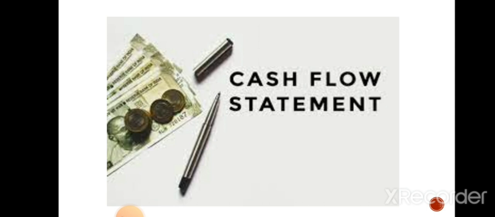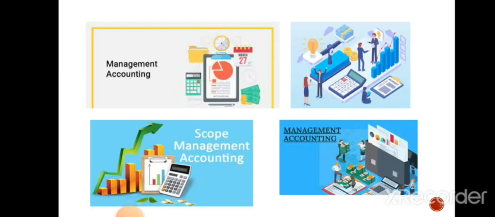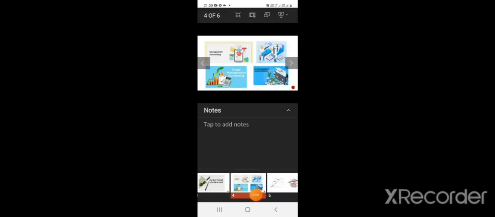Here I will be discussing the break-even analysis, the break-even chart, what management accounting is, why it is important, the advantages or the scope of management accounting. I'll be discussing cost, volume, profit analysis, and so on.